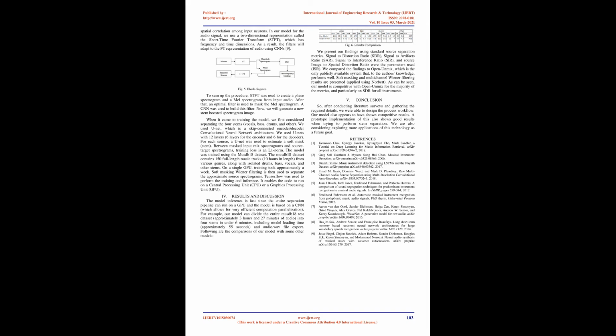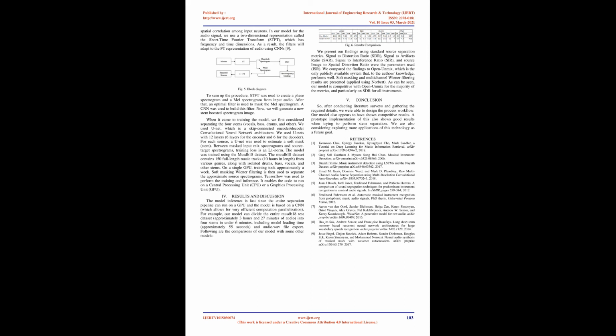As a result, the filters will adapt to the FT representation of audio using CNNs. 9. To sum up the procedure, STFT was used to create a phase spectrogram and a MEL spectrogram from input audio. After that, an optimal filter is used to mask the MEL spectrogram. A CNN was used to build this filter. Now, we will generate a new stem-boosted spectrogram image.